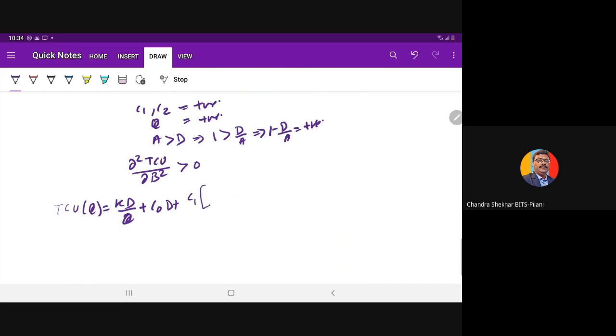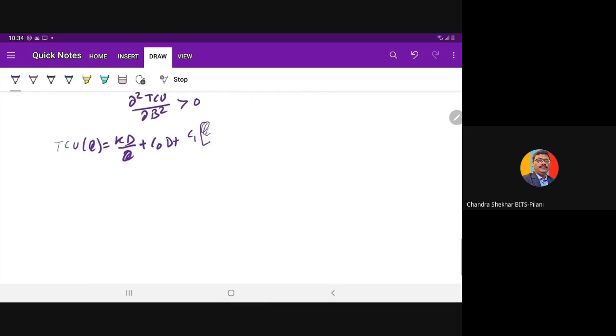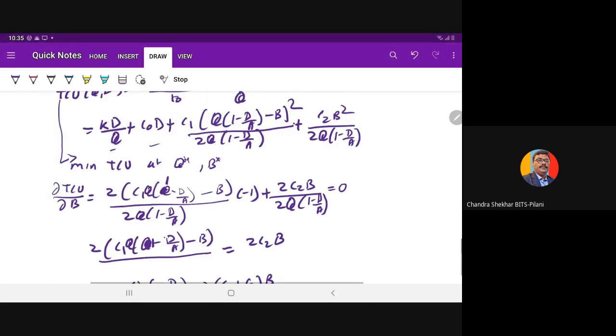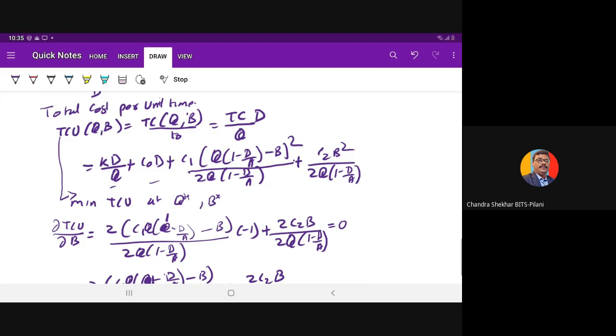So B we have derived as C1 Q(1 minus D upon A) upon C1 plus C2, whole square upon 2Q(1 minus D upon A), and here we have the plus C2 into B square upon 2Q(1 minus D upon A).